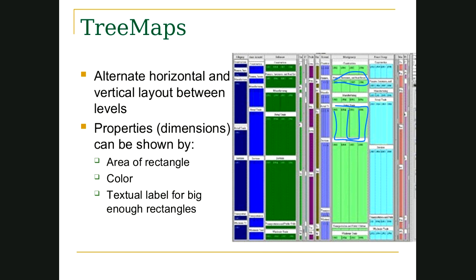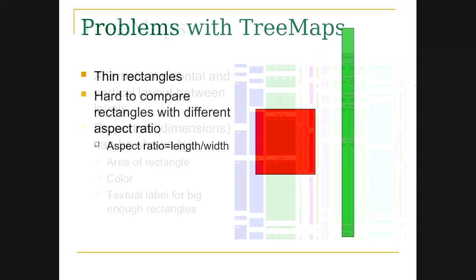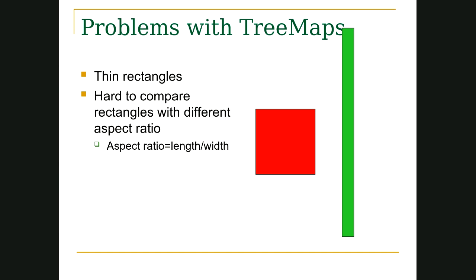That's the first try. Note here that some of these slices are so thin, it's kind of impossible to compare them. The area is there, but I'm not going to be able to compare them. So the biggest problem with tree maps are thin rectangles, basically rectangles with different aspect ratios.